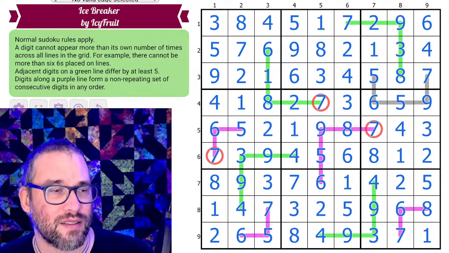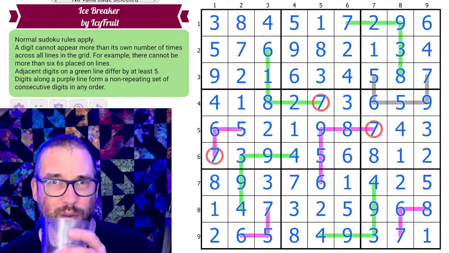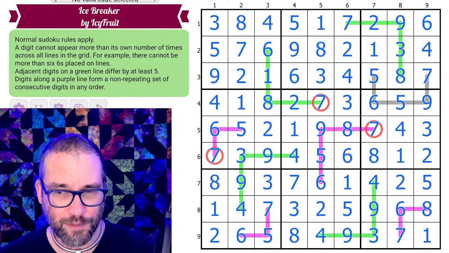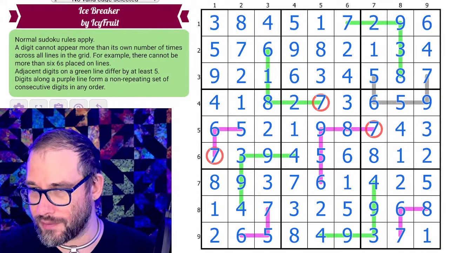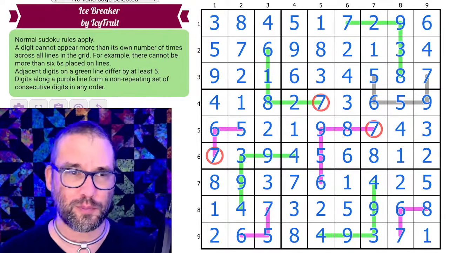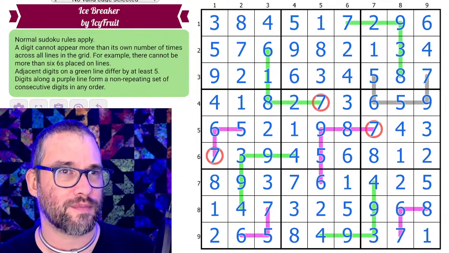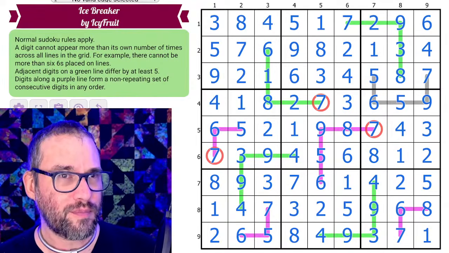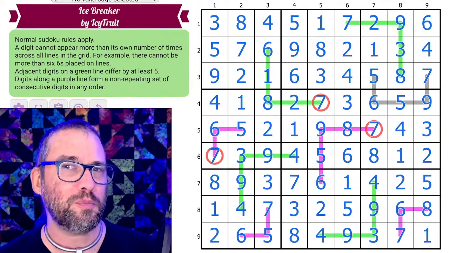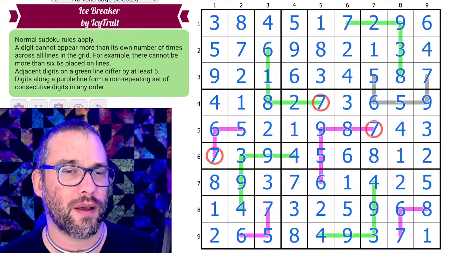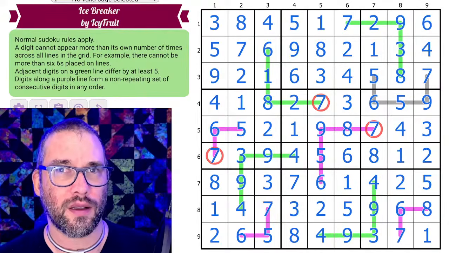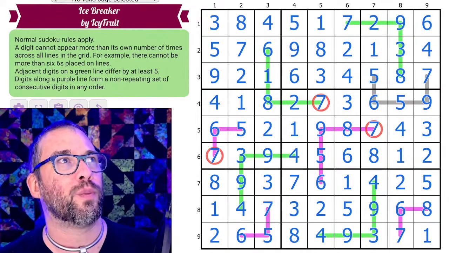Okay. Let's see how we're doing. Okay. I think I'm probably good for one more puzzle.